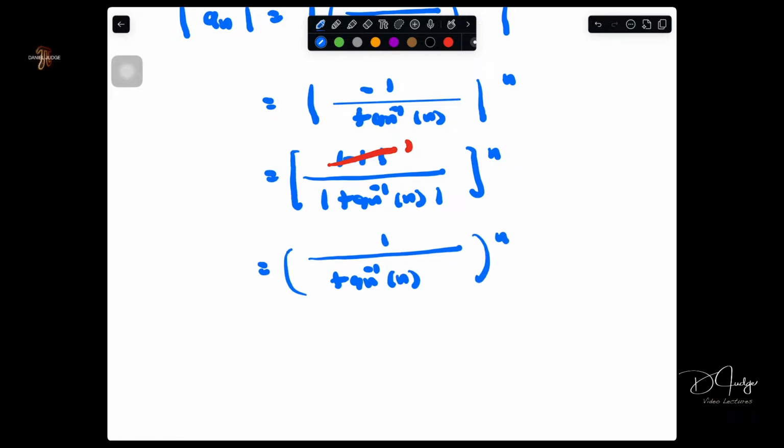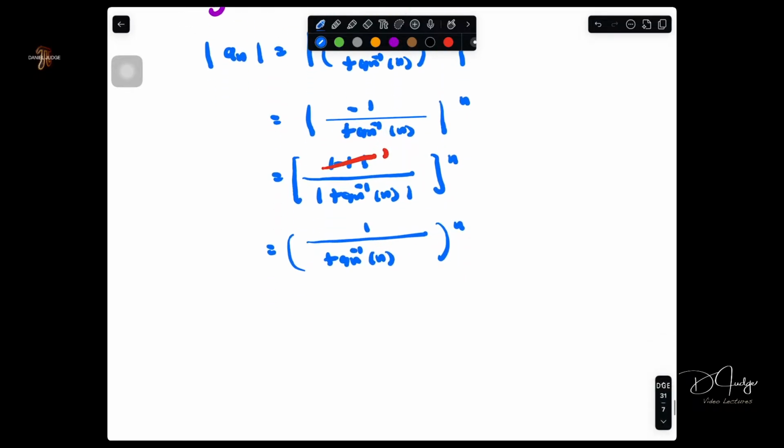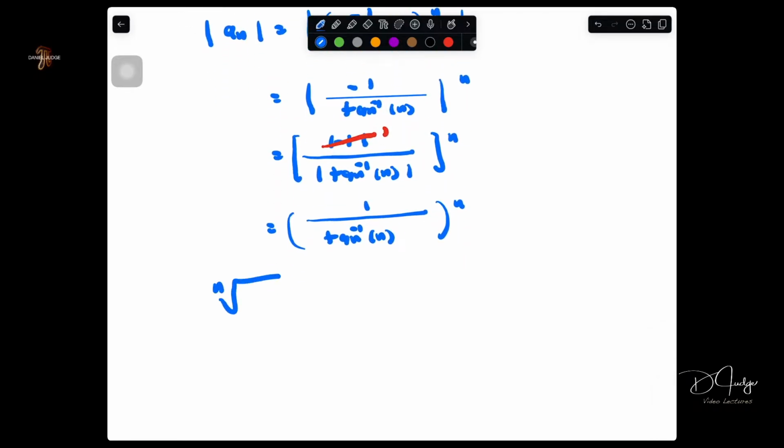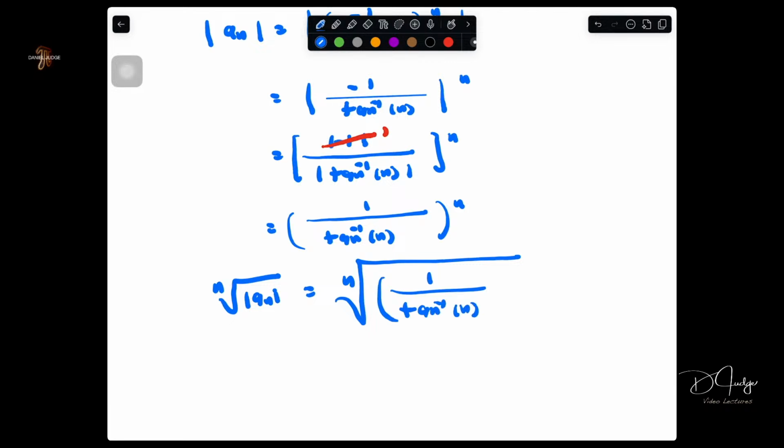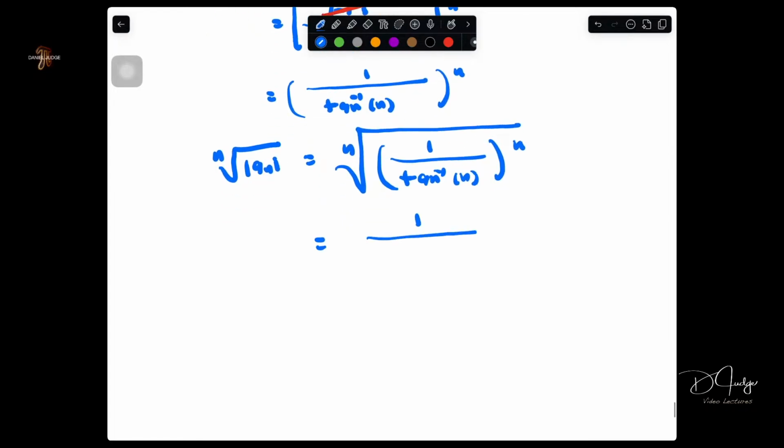Now, the nth root of the absolute value of an is the nth root of 1 over inverse tangent of n to the nth power, which we've seen is really just 1 over the inverse tangent of n.